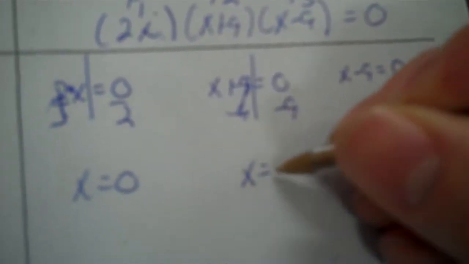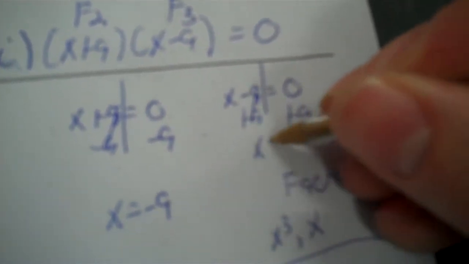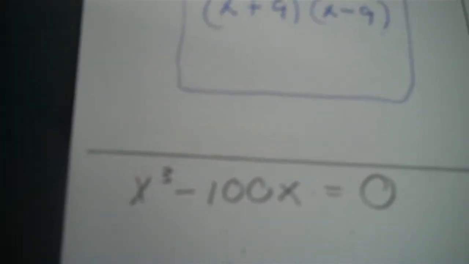Plus 9, we'd minus 9, that would be negative 9. Minus 9, you plus 9, and that would be positive 9. There's your 3 answers.